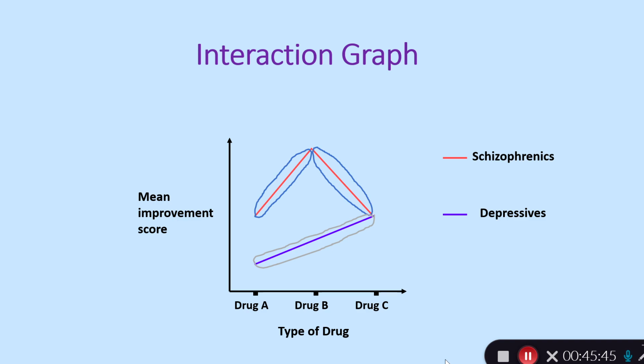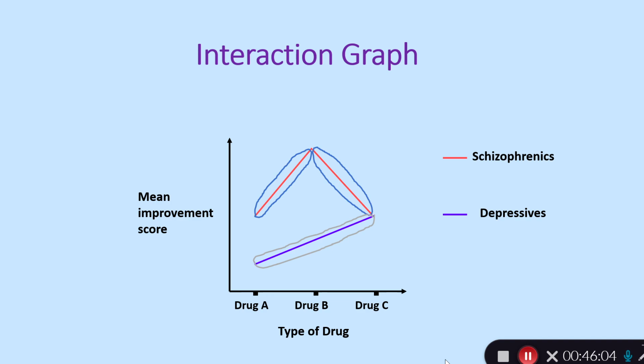So in this case, with this particular data, there's no interpretable main effect, because which drug is best depends. The best drug to take depends on whether you're schizophrenic or depressive.